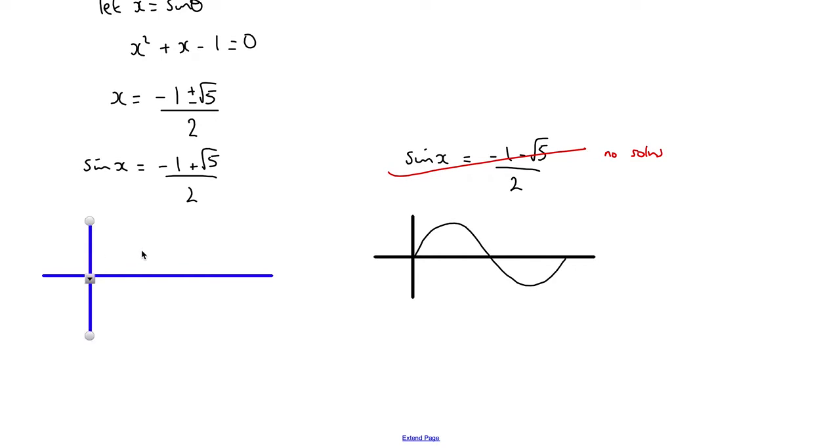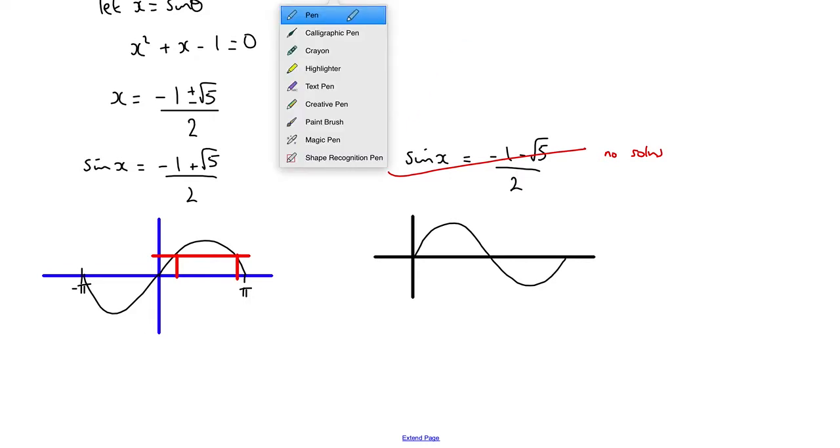So let's draw between minus pi and pi, which would look like that. And our calculator has given us a value of 0.618 as a height. So let's say that's there. So when we do the inverse sine of that, we're going to get this value. So inverse sine of that answer is 0.666.